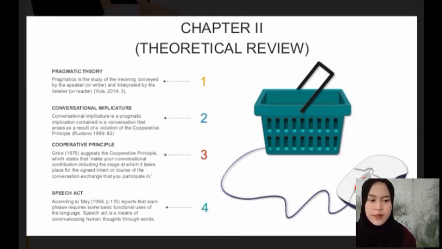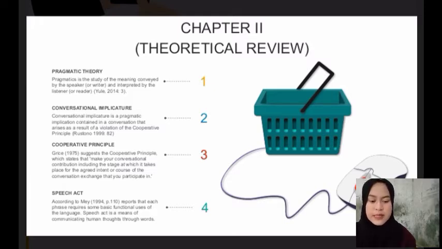And then the cooperative principle. Grice in 1975 suggested the cooperative principle, which states: make your conversational contribution as required, at the stage at which it occurs, by the accepted purpose of the conversational exchange in which you are engaged.